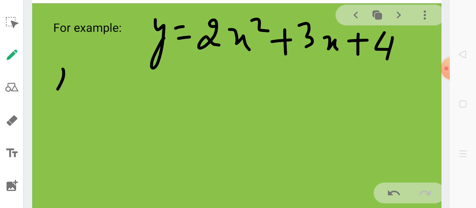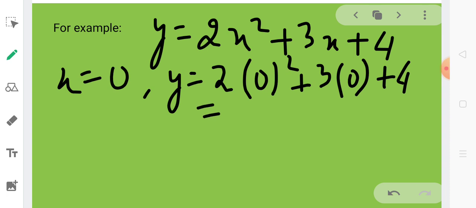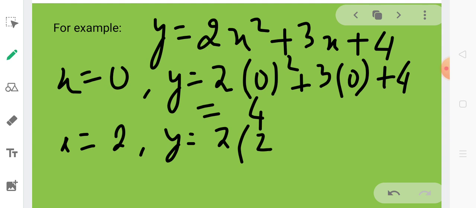Now if we put x = 0, what should be the value for y? y will become 2 into 0 square plus 3 into 0 plus 4. So obviously this will become 4.